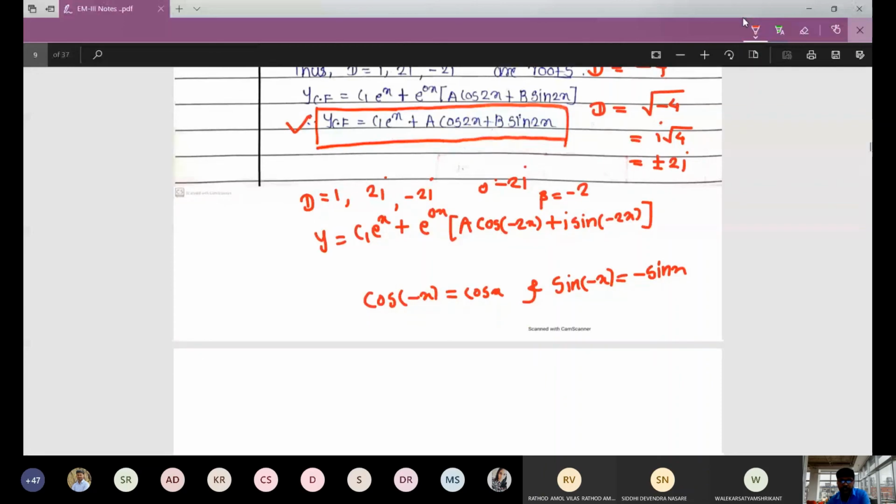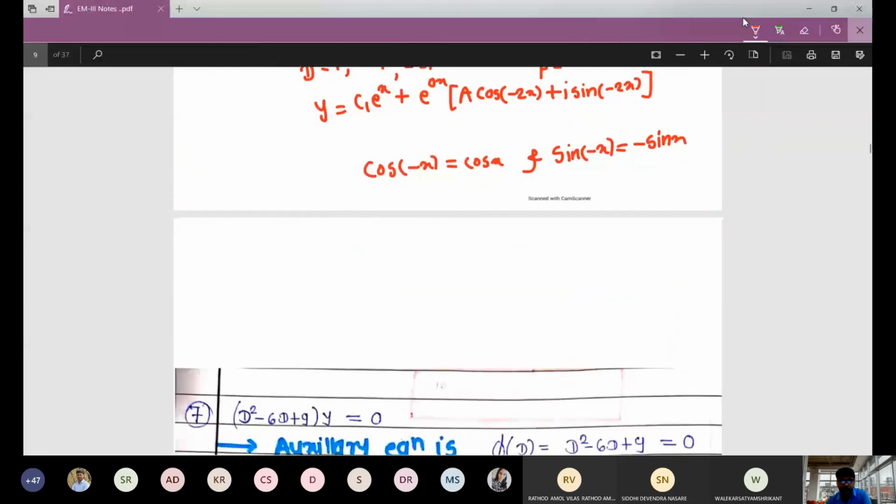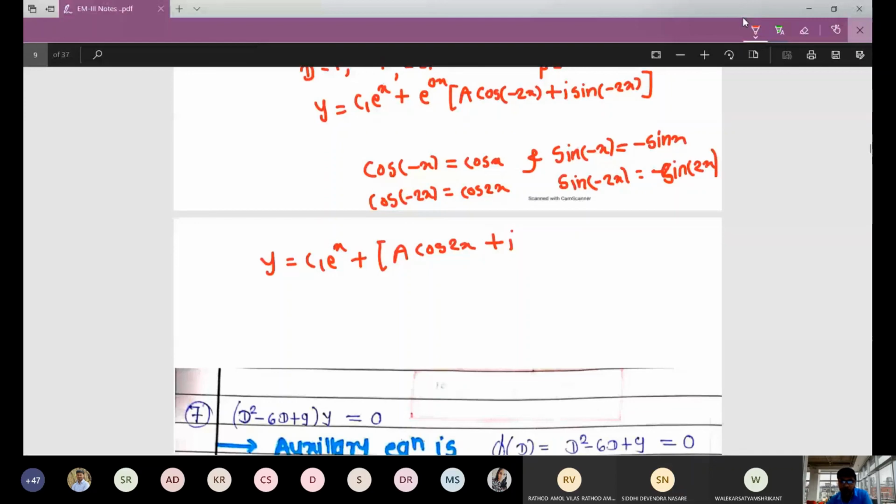So y equals c1 e to the power x as it is, e to the power 0 is 1, in the bracket a cos of minus 2x is the same as cos 2x, plus i times sine of minus 2x, which is minus 1 times sine of 2x.